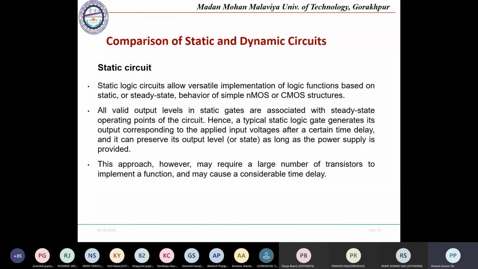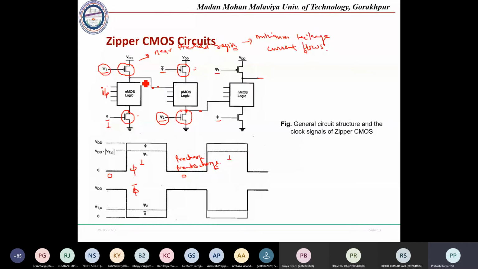Charge sharing happens when the pre-charge phase is there and the node voltage has a high value. In that case, we make sure the keeper transistors are used, with their mode of operation set to reduce the charge sharing problem.